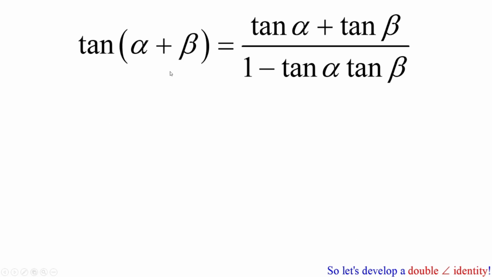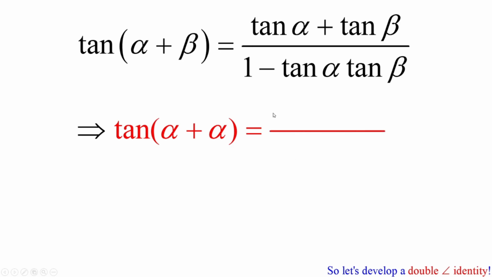All right, so what if instead of having alpha plus beta, we had alpha plus alpha, which equals 2 alpha? So tangent of alpha plus alpha, now just direct substitution, the betas in the identity above will now be alphas. So you've got your tangent of alpha plus tangent of alpha is 2 tangent of alpha. And then you have 1 minus tangent of alpha times tangent of alpha, or 1 minus tangent squared alpha.